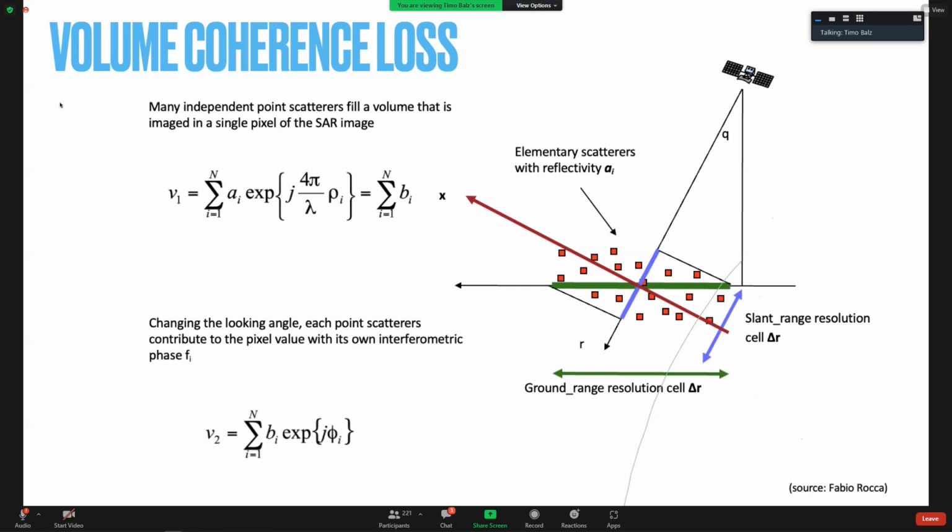Another form of coherence loss is the volume coherence loss. If you have a volumetric scatterer, so if we have scattering when our signal enters a volume, for example, a forest canopy, and gets reflected many times inside the volume, this also leads to a coherence loss. Again, the amount of coherence loss in this case is related to the baseline difference between these sensors.